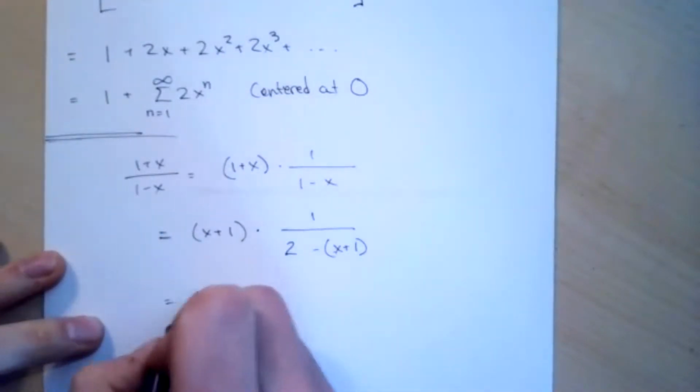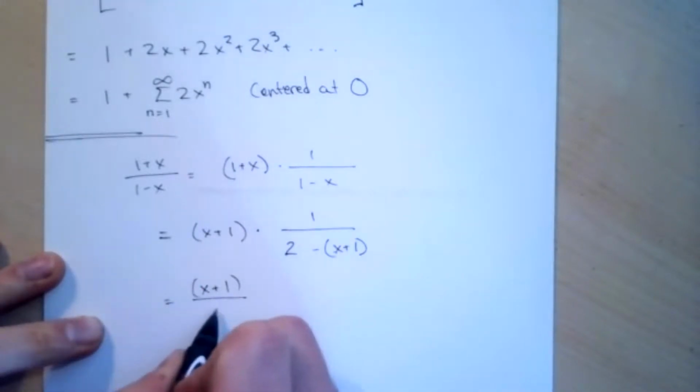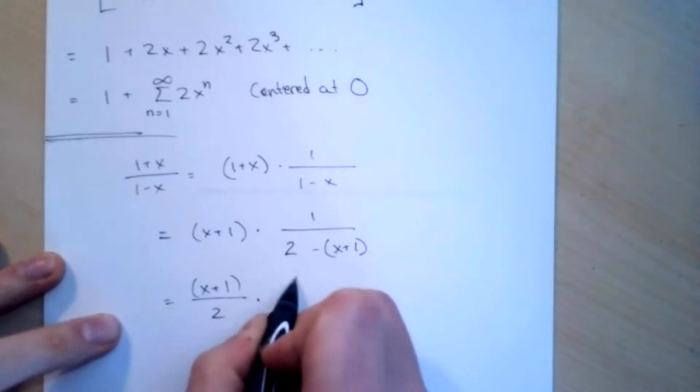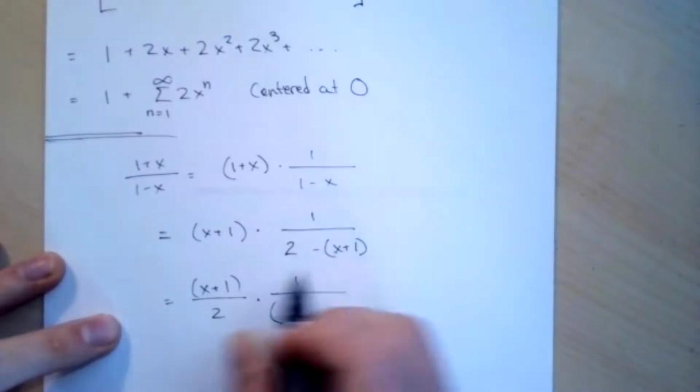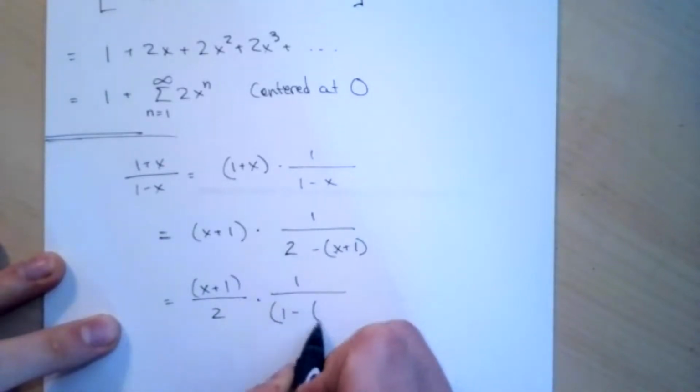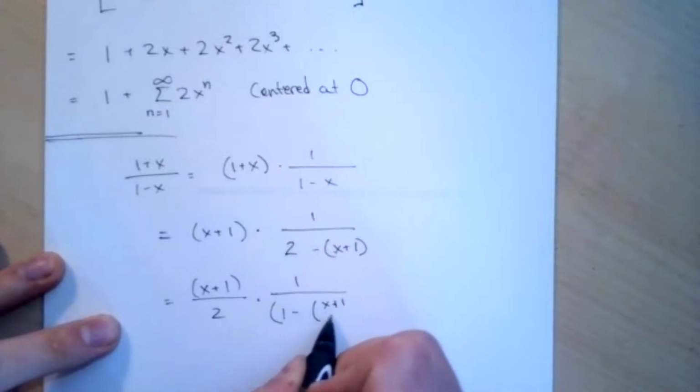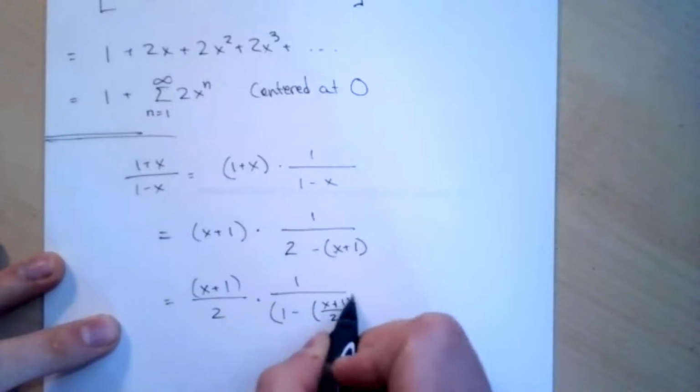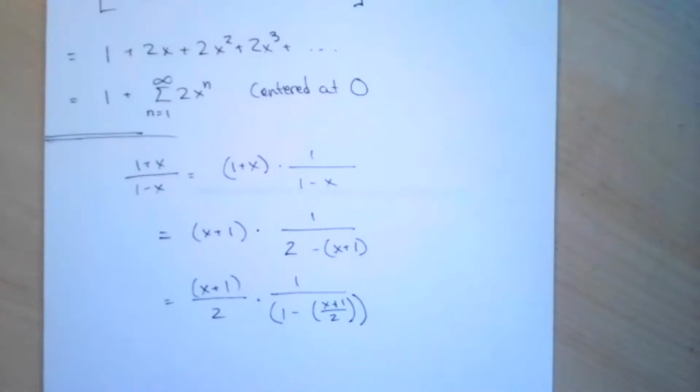But now what we can do is factor out that 2 from the denominator. And write it something like that.